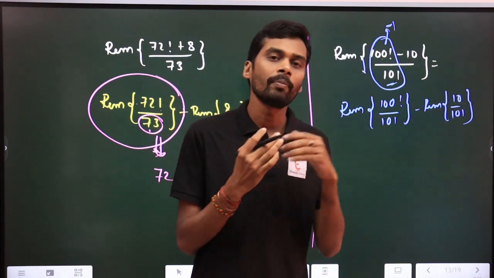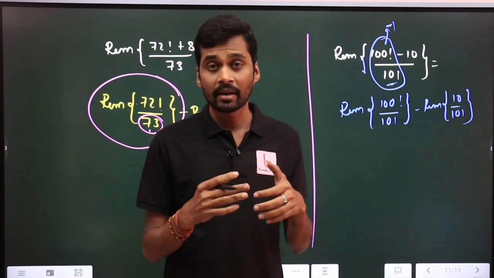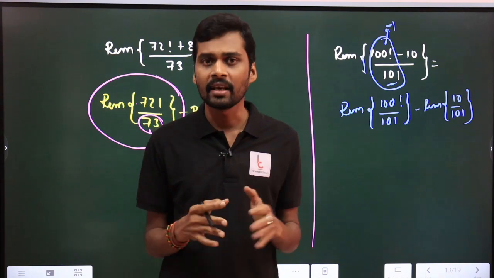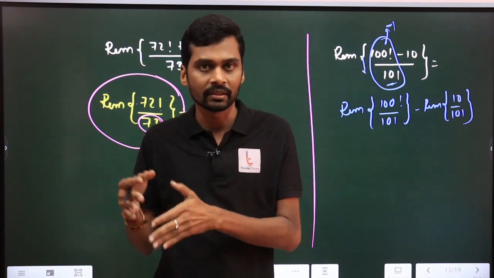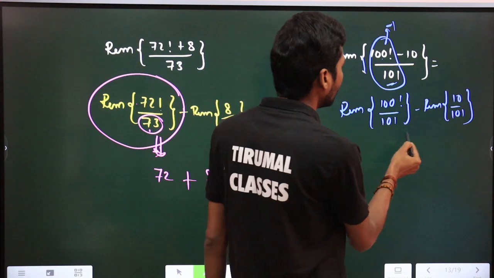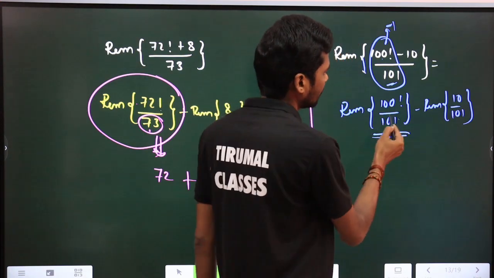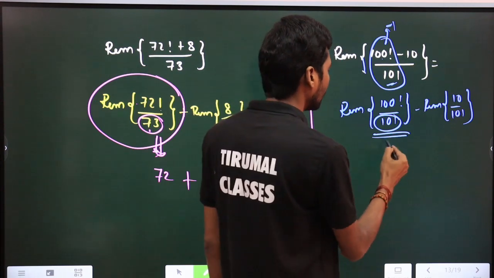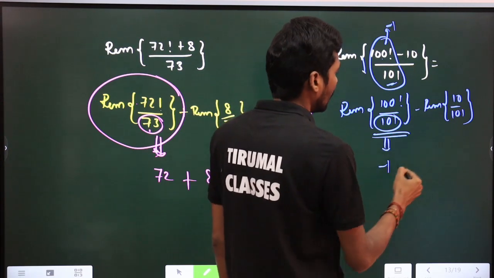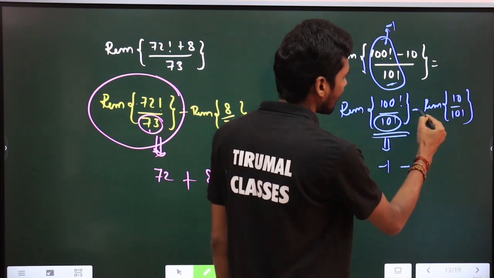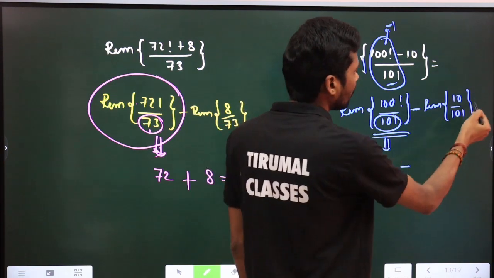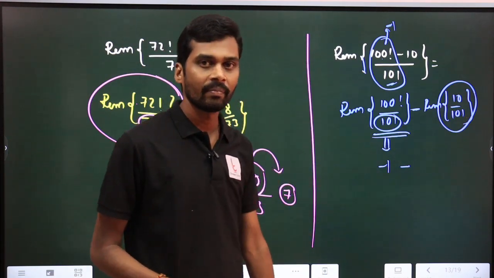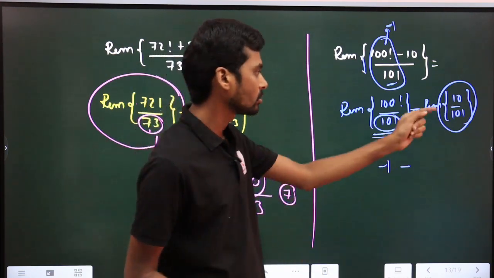Even when we have positive and negative values, remainder of a plus b plus c by d, or a minus b minus c, in any case we can split the remainders. So remainder of 100 factorial divided by 101: this is a prime number and the numerator is 1 less than the denominator, so immediately this is minus 1. Minus remainder of 10 by 101: a smaller number by a larger number always gives the smaller number as the remainder, so 10.